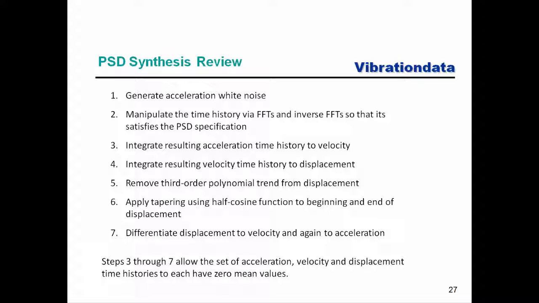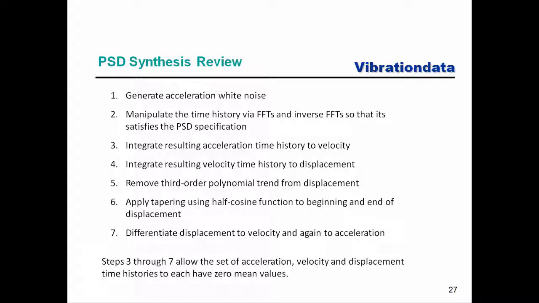Or if we double integrated to displacement, we'd have a ski slope effect. And that's not very good because we want each of those 3 signals to oscillate about the 0 baseline. It's actually a tad more complicated than that, because for velocity, instead of just a clean baseline shift, there might be a little drift. More about that later.